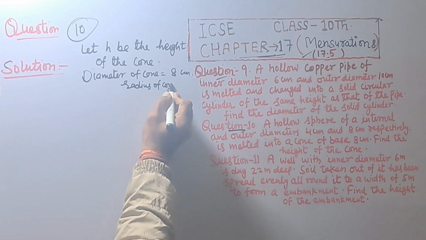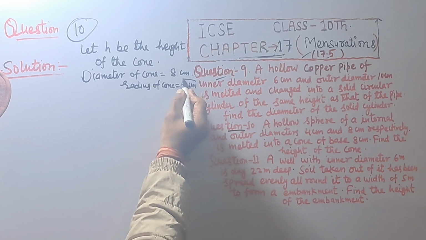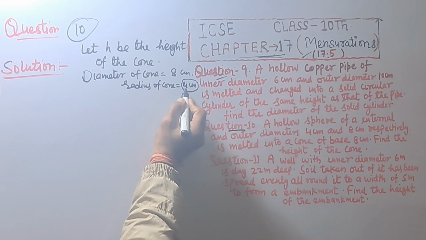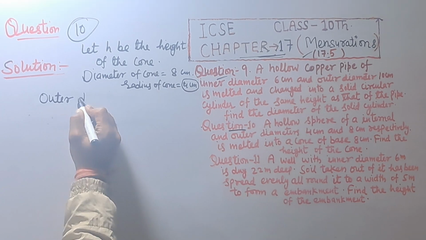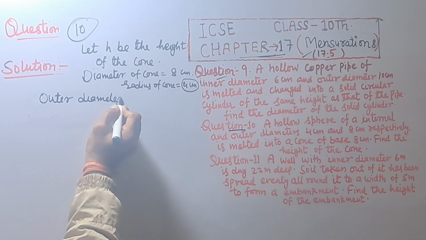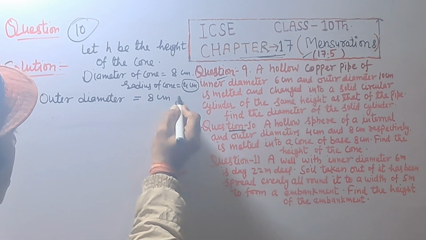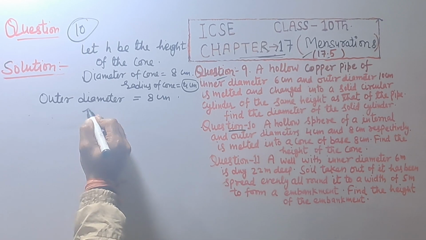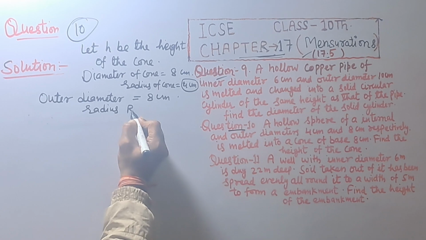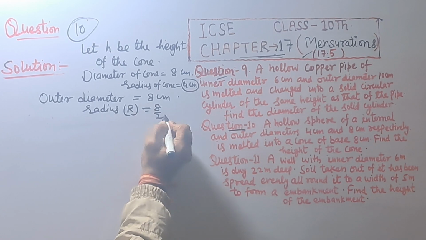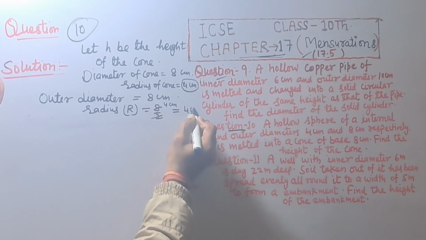Radius of cone equal to 8 upon 2, that is 4 centimeter. Outer diameter is equal to 8 centimeter and radius, that is capital R, equal to 8 upon 2, equal to 4 centimeter.